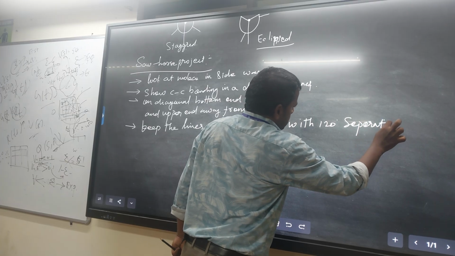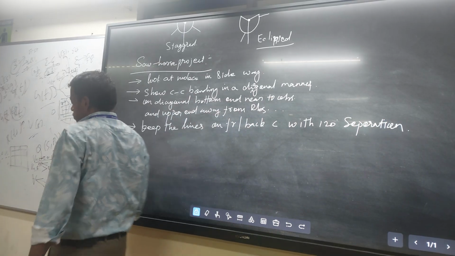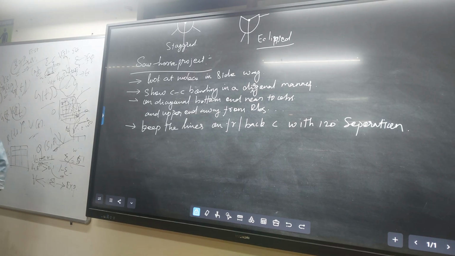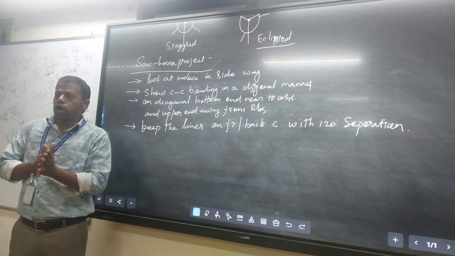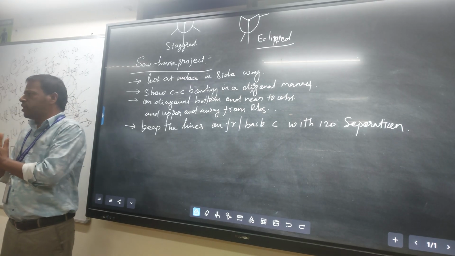This is a Sawhorse projection. The Sawhorse projection is a stick model. Stick model shows the carbon bonding in a diagonal manner.